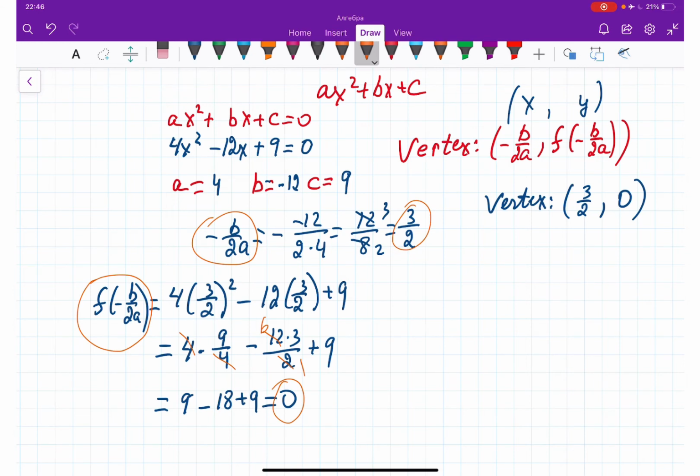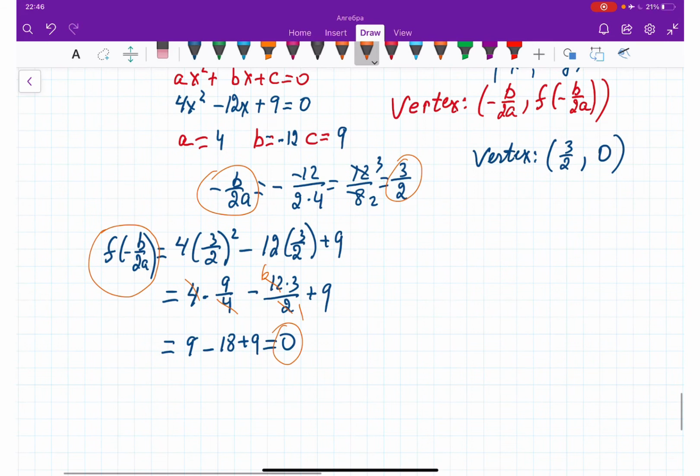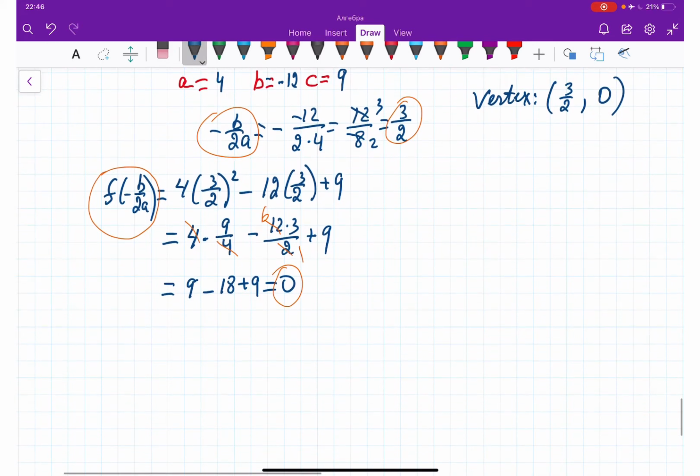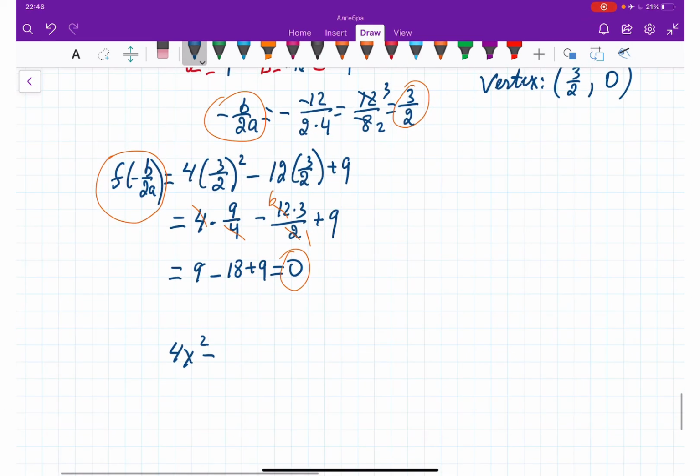Okay, next, we have the vertex. Now we need to find out our x-intercepts. For our x-intercepts, we are going to solve 4x squared minus 12x plus 9 equals 0.